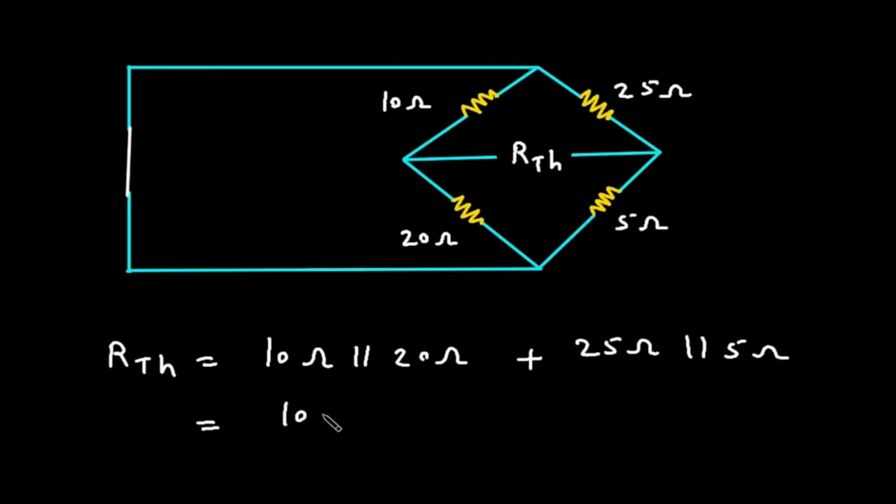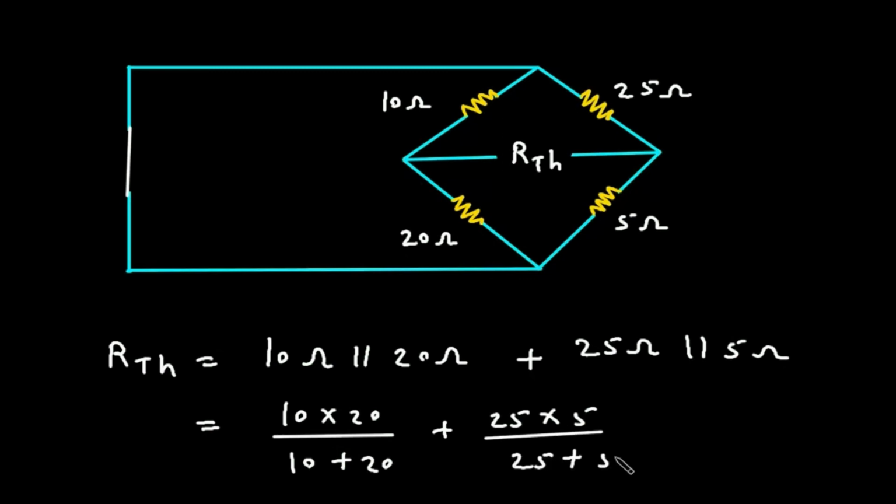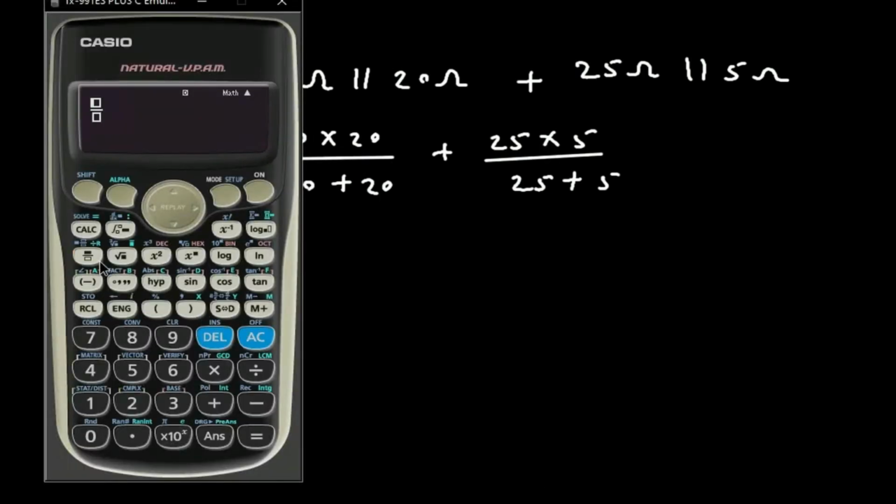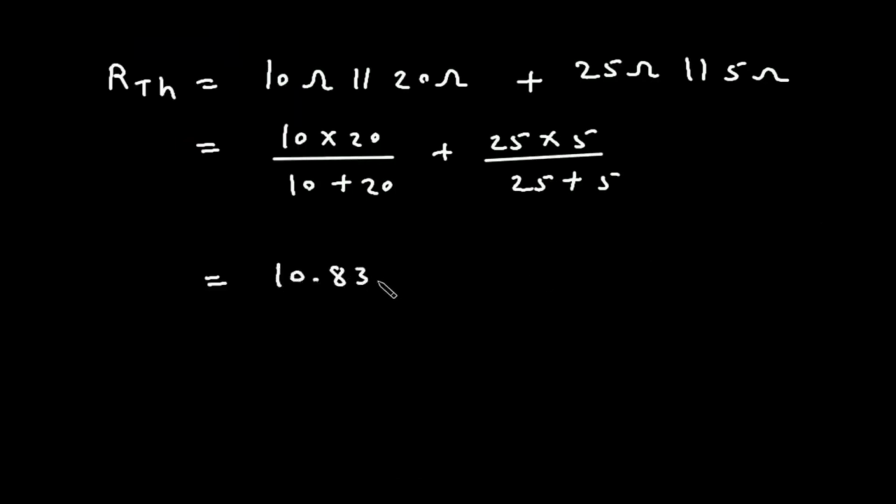So this will be 10 into 20 divided by 10 plus 20, then plus 25 into 5 divided by 25 plus 5. So it is 10.83. 10.83 ohm is the value of RTH.